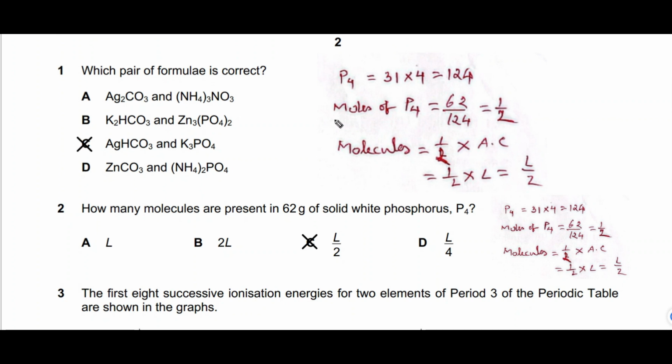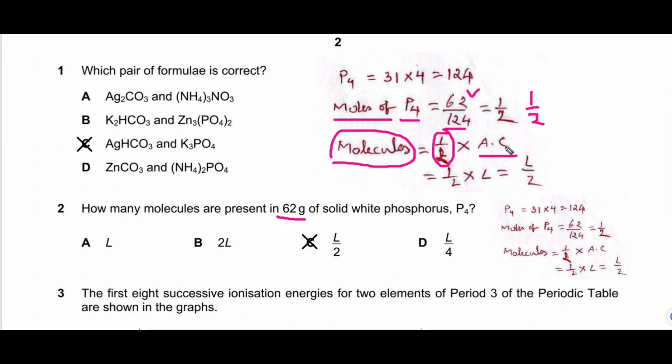Now you see the number of moles of P4. Mass is given as 62 gram, P4 mass is 124. So moles is 62 divided by 124, I mean half a mole. Now the number of molecules will be number of moles times the Avogadro constant.